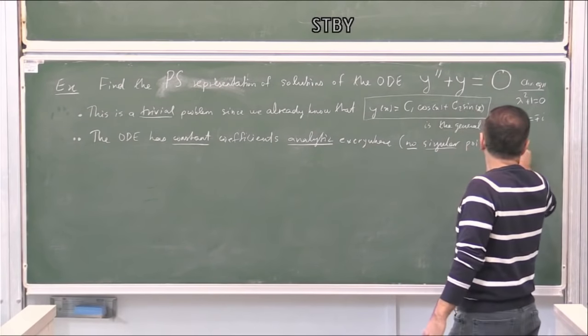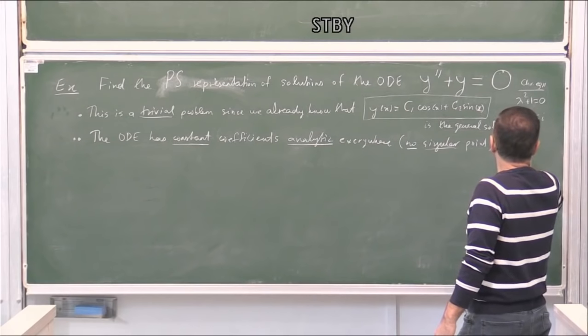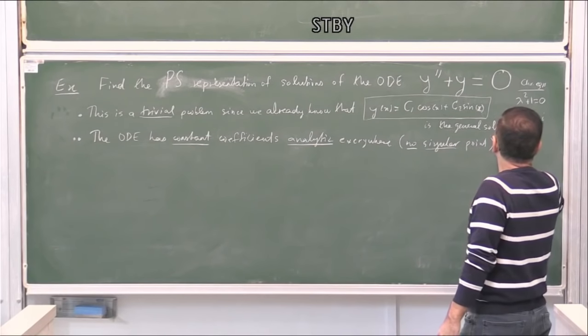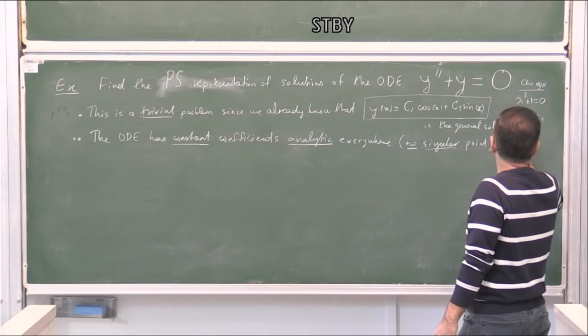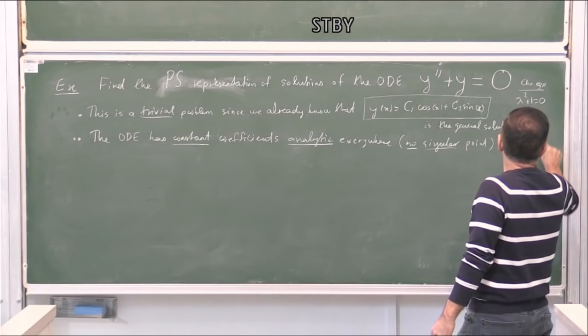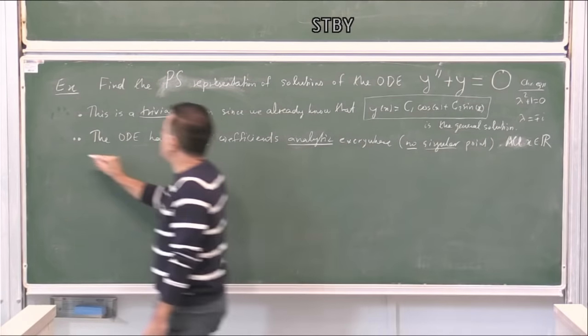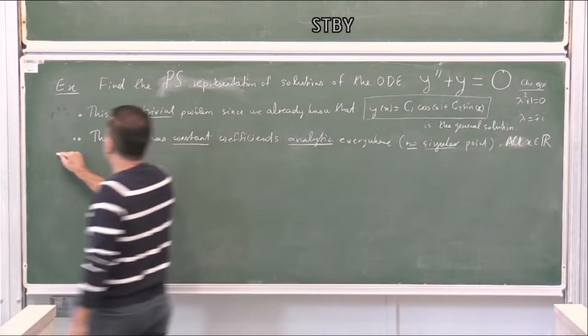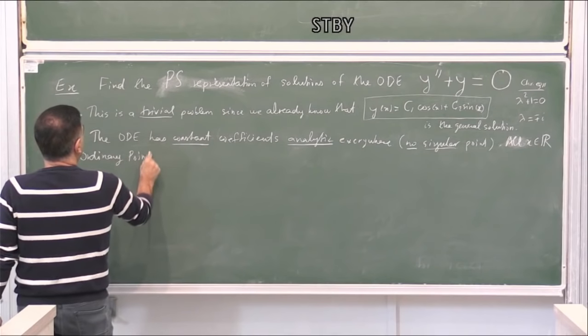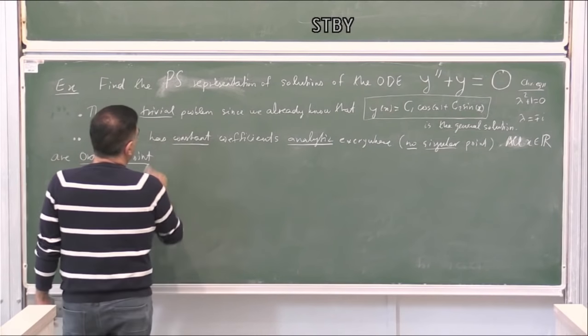So all real x are ordinary points. Okay?